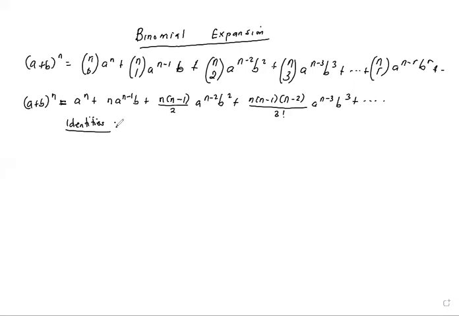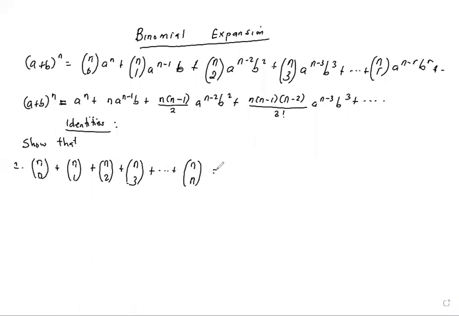Just here, you can be asked to show that n choose 0 plus n choose 1 plus n choose 2 plus n choose 3, up to n choose n, is equal to 2 power n. From this expansion, you can see that this actually is a very easy task if you know how to select your A and B.